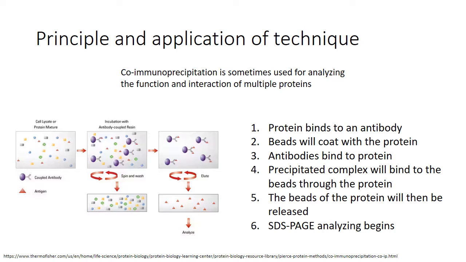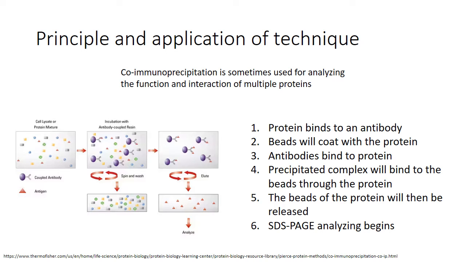What are the principal application techniques for co-immunoprecipitation, which involves analyzing the function and interaction of multiple proteins? It starts with your protein binding to an antibody. This involves cell lysing first, opening and breaking apart the cells to allow the protein to become accessible to the antibody.